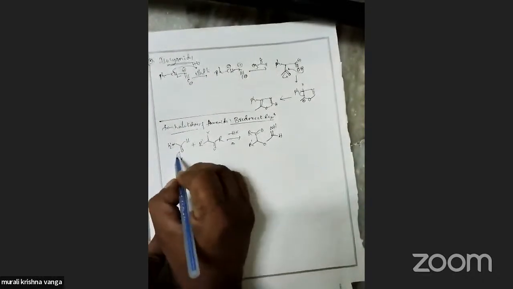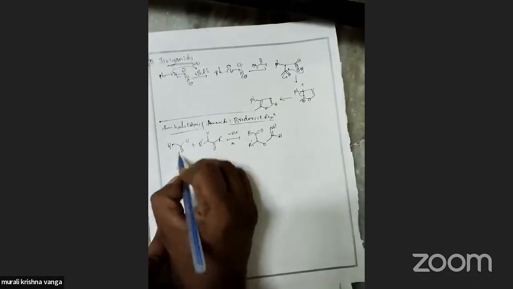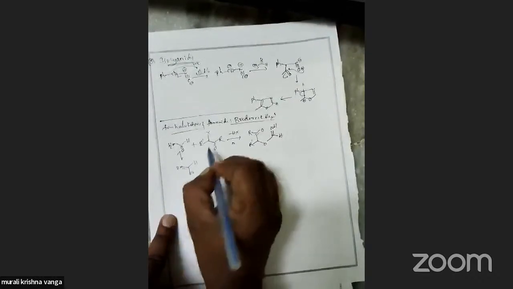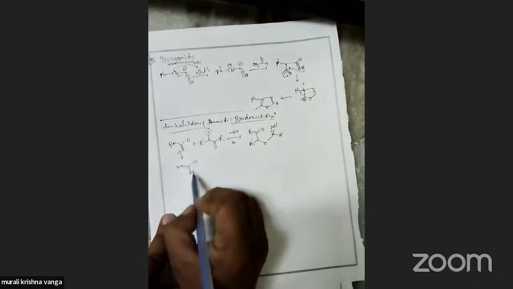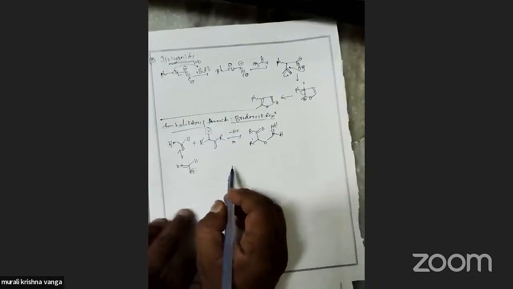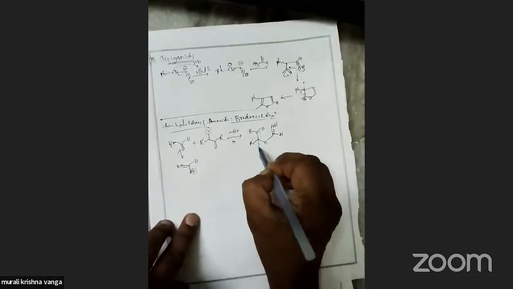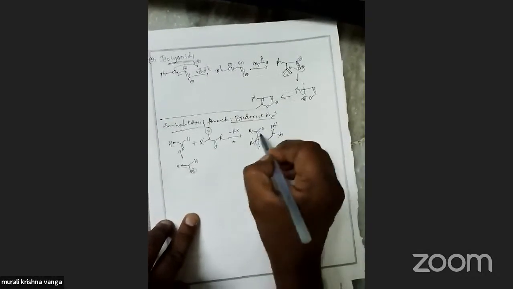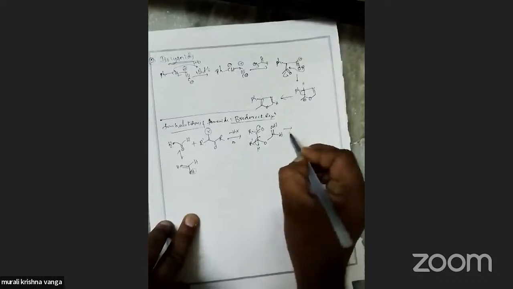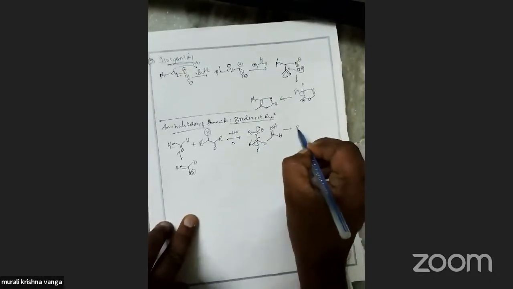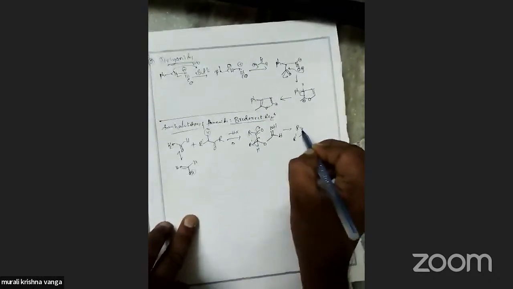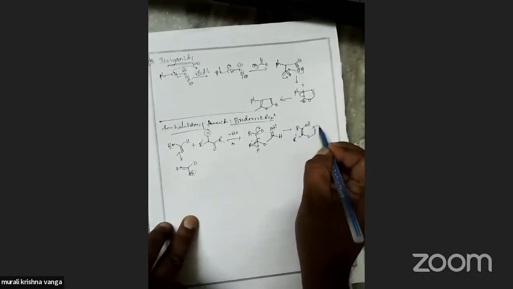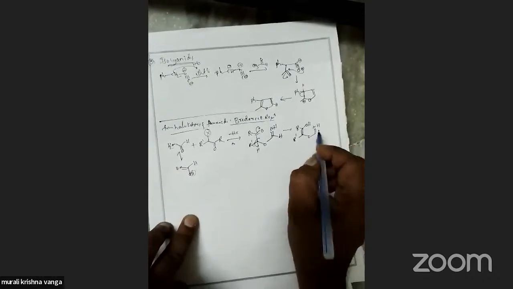So first the amide undergoes isomerization like this. Now it involves loss of HX. Then it undergoes enolization.